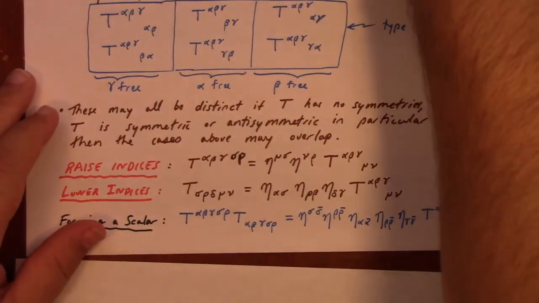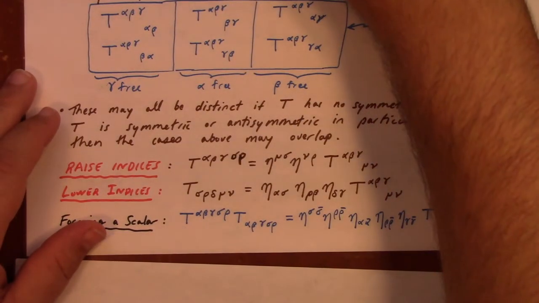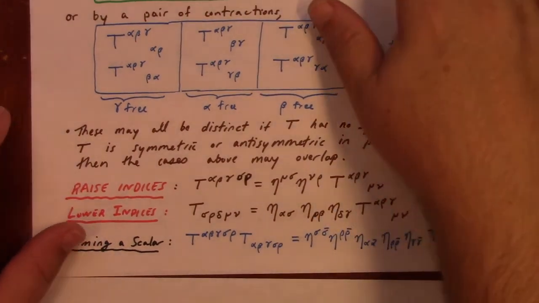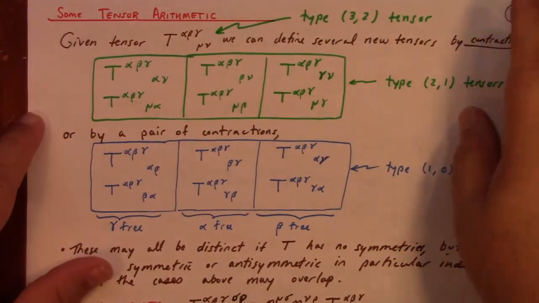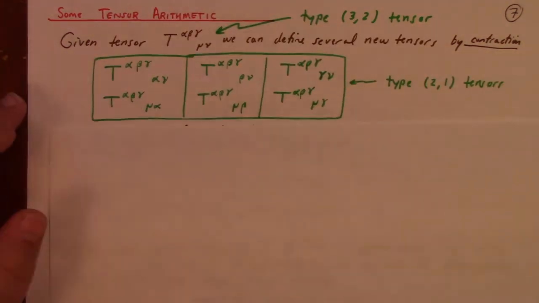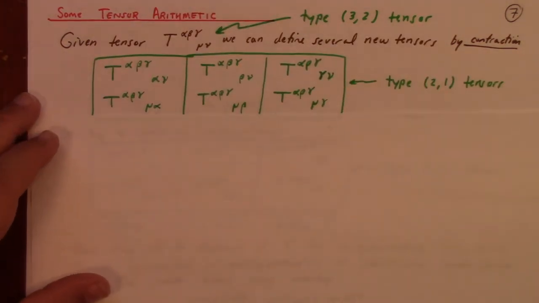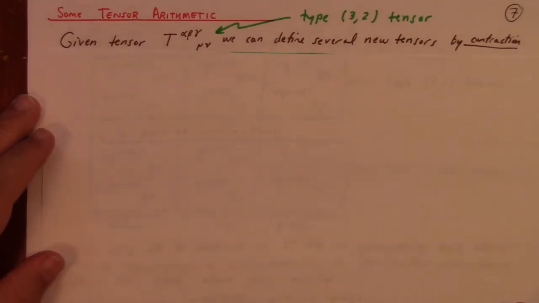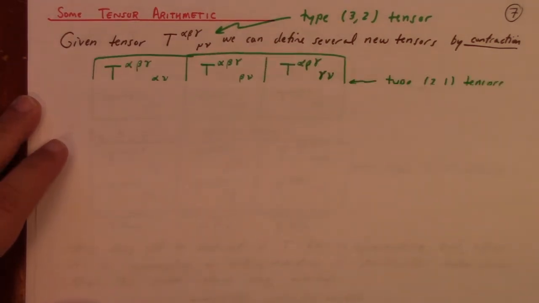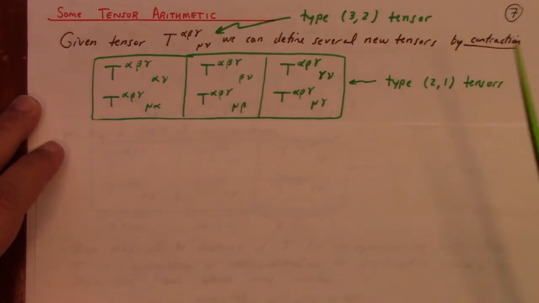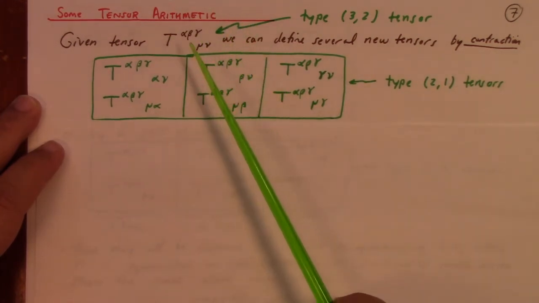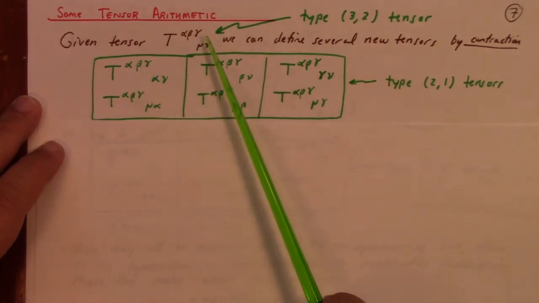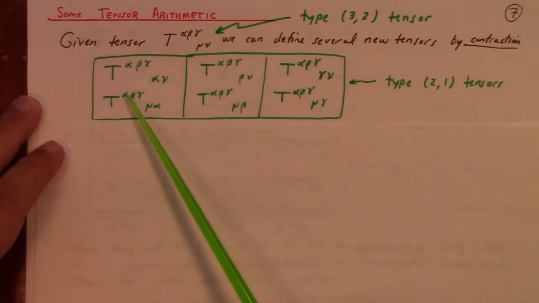Moving along here. Some other things we can talk about, some tensor arithmetic. Given a particular tensor, in this case a type 3-2 tensor, we can define several new tensors by contraction. Contraction is when you sum over an index pair. Like here I'm summing alpha, but I left the beta and the gamma and the nu alone.